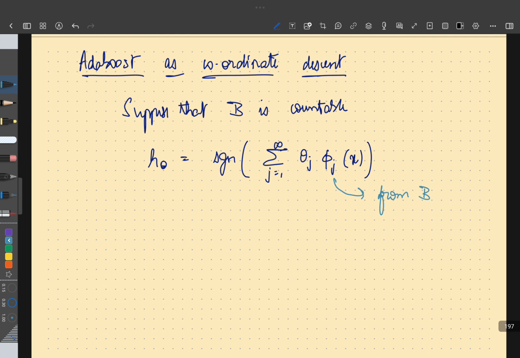So the output of AdaBoost is some predictor which looks like this. But one thing is that the number of non-zero theta j's is at most t. That's what is guaranteed by AdaBoost, because at the end of t rounds of AdaBoost, you get a linear combination of t possible predictors.